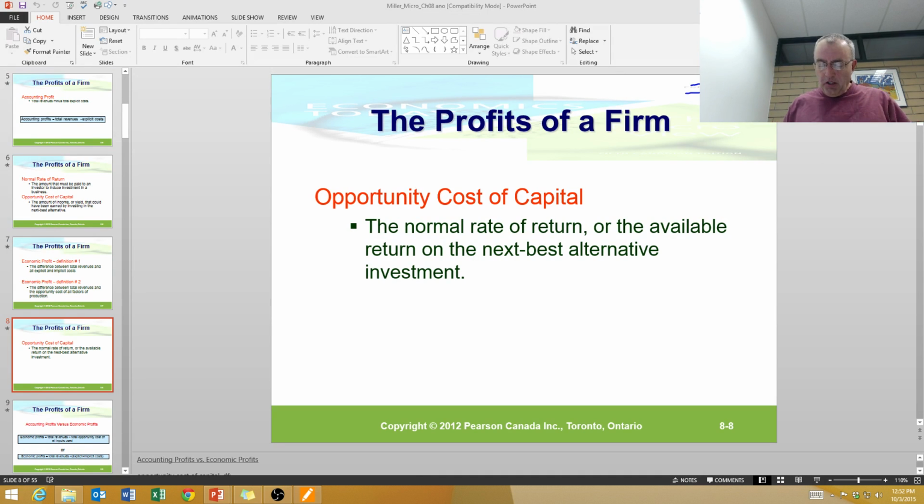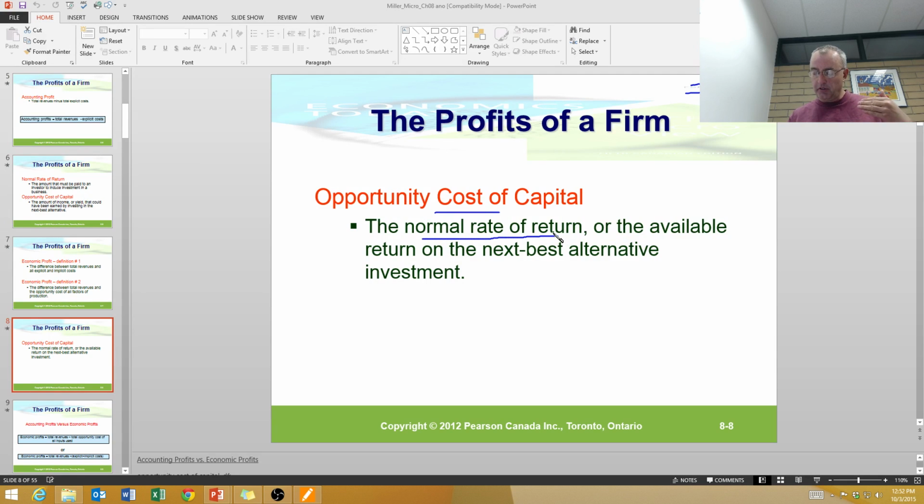Okay, so we have this opportunity cost of capital. So it's the foregone difference in yield or return from not investing in the next best option. So if you have some uninvested funds, so if you have money in your pocket, money under your mattress, the opportunity cost of capital is the normal rate of return.